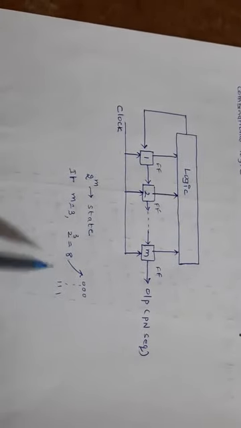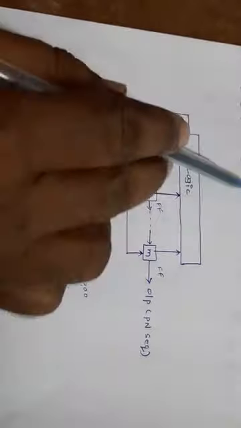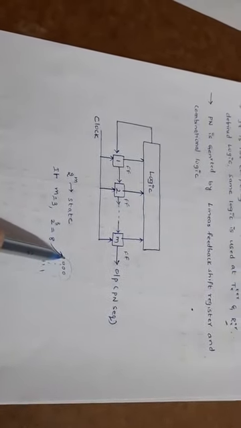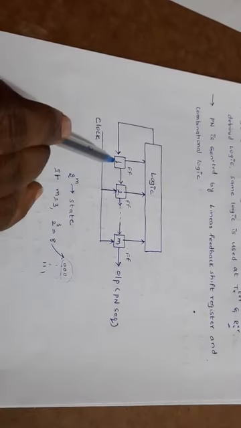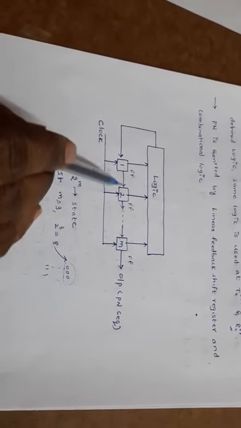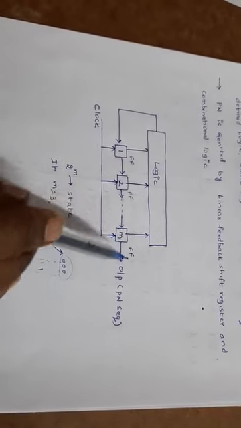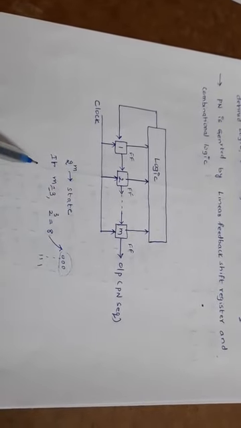So what is the problem here? Whenever a linear feedback shift register enters the 0, 0, 0 state, that means the output of the first flip-flop is 0, the second flip-flop is also 0, and the third flip-flop is also 0, if I am considering m equal to 3.